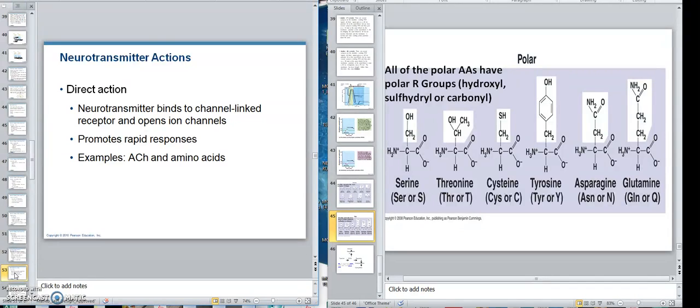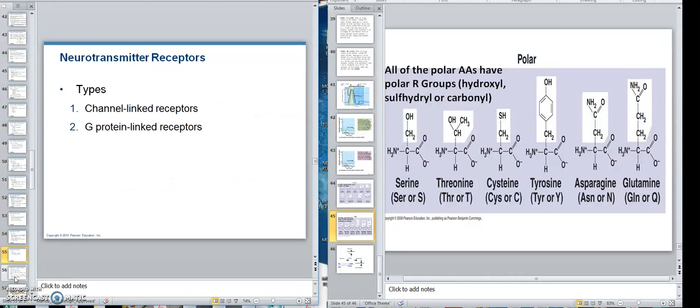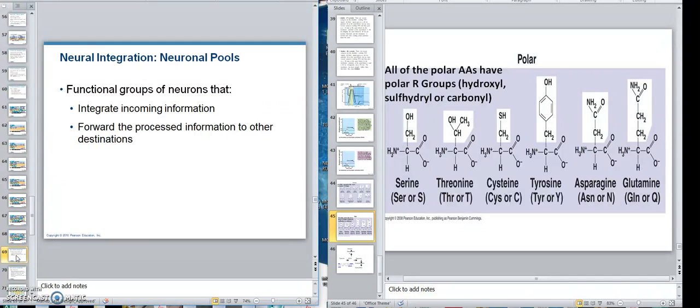Okay, some work direct. Example, acetylcholine and amino acids. And then some work indirect. Okay, biogenic amines and neuropeptides, they have to turn on that secondary messenger. So that just gives you an idea of how that works. And so now we're going to go to neuronal pools in another video. Thank you.